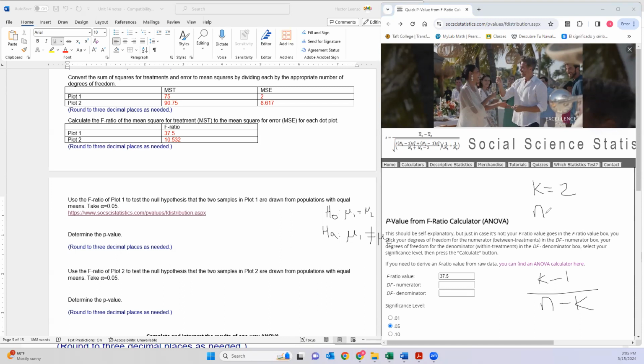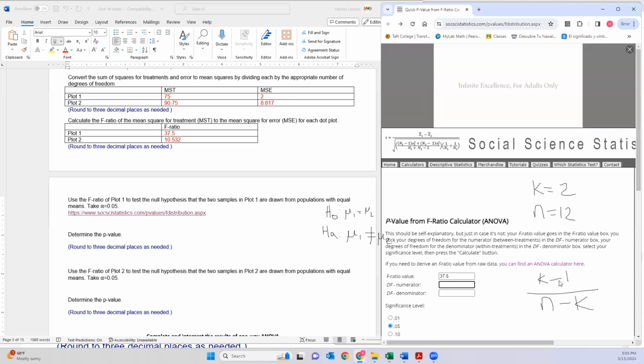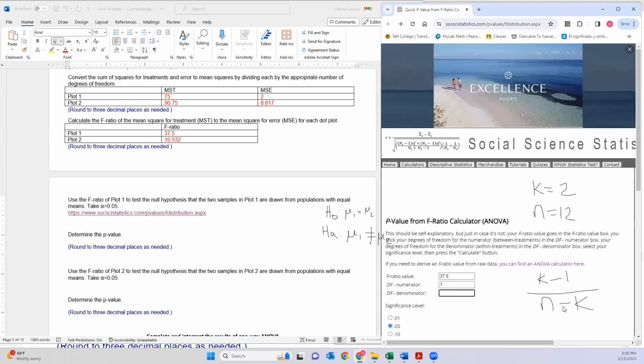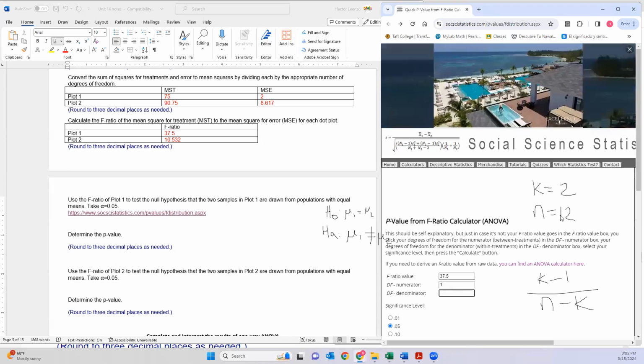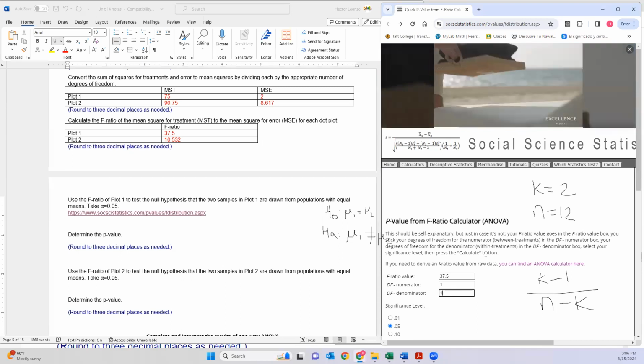And n is how many values there were all together in plot 1, whether they were treatment 1 or treatment 2. In this case, 12. So my numerator degrees of freedom is k minus 1, 2 minus 1, which is 1. My denominator is n minus k, so 12 minus 2, which is 10.